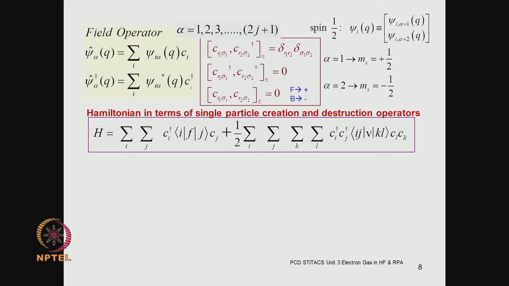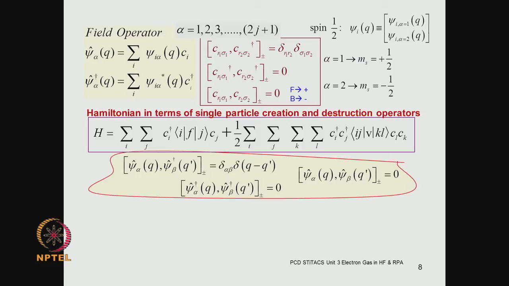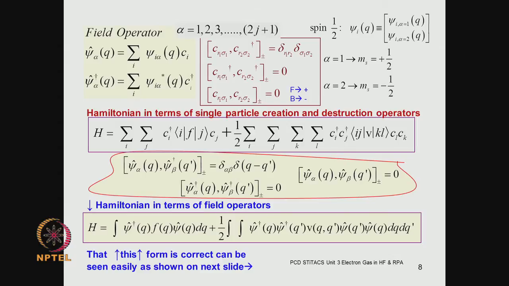Okay? So, this is the expression of the Hamiltonian in terms of the single particle creation and destruction operators. This is the expression that we did arrive at fully in our previous unit. And in terms of the field operators, for which the commutation relations we just discussed are what you see on the screen, the same Hamiltonian is now written as the expression that you see at the bottom of this slide.